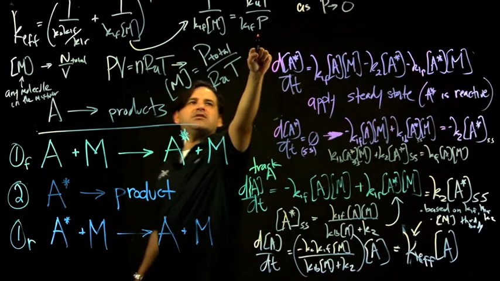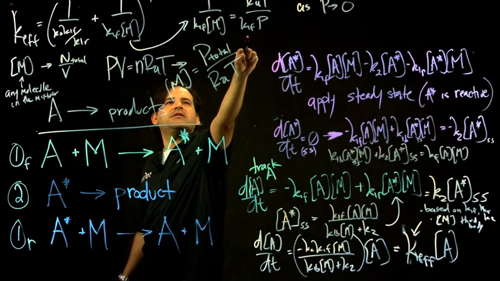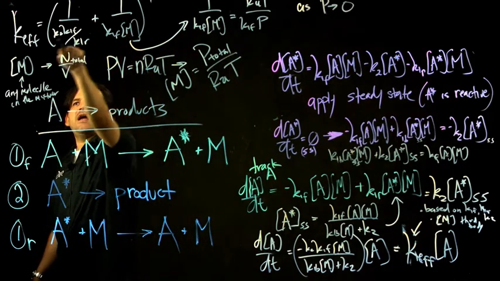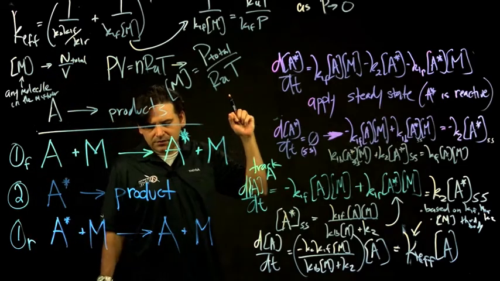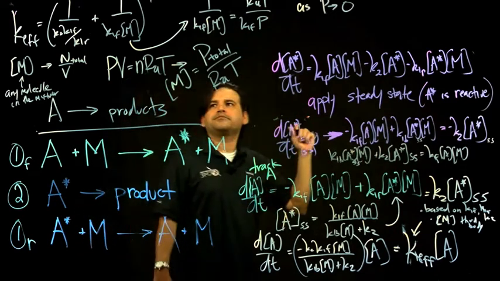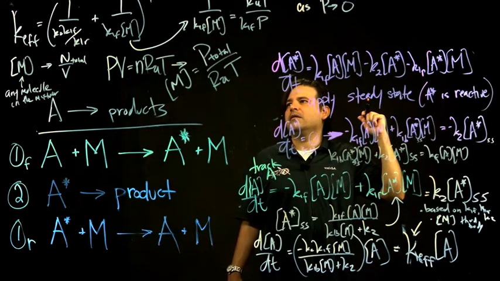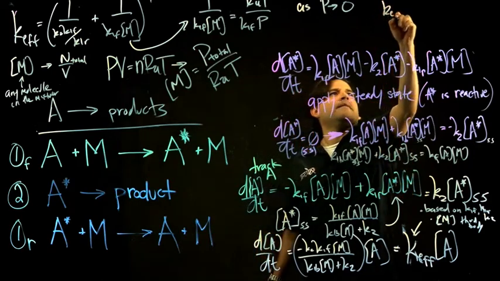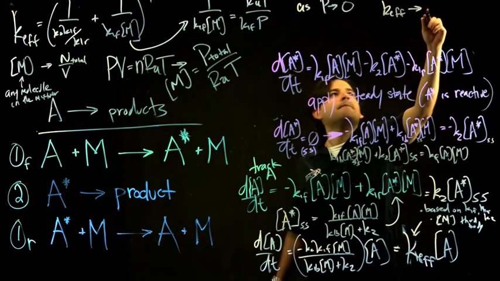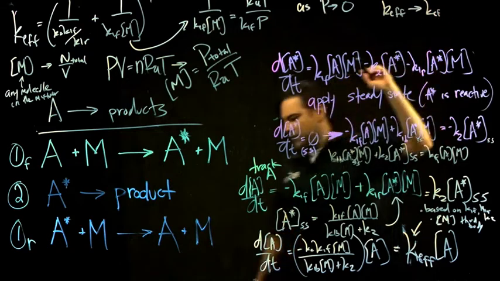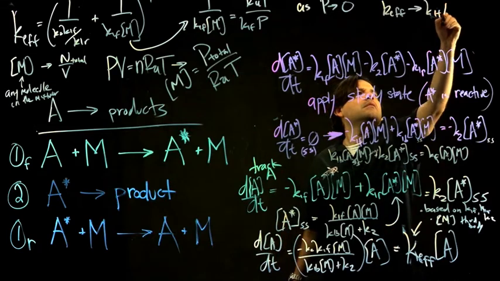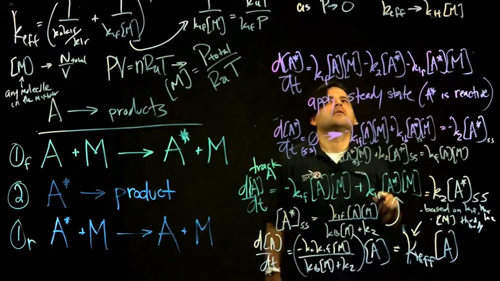What happens is that this term gets very, very big at low pressures. So that dominates this effective pressure. So then you get that the effective rate is K1 forward at high pressures.